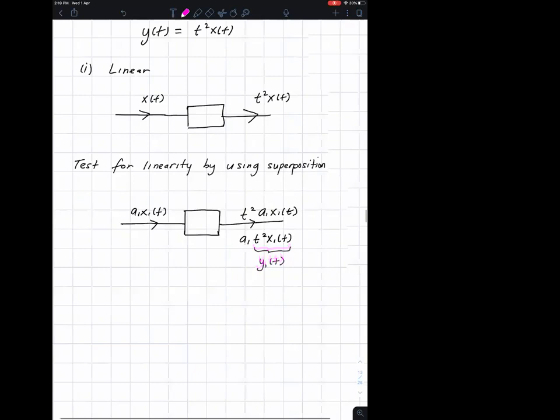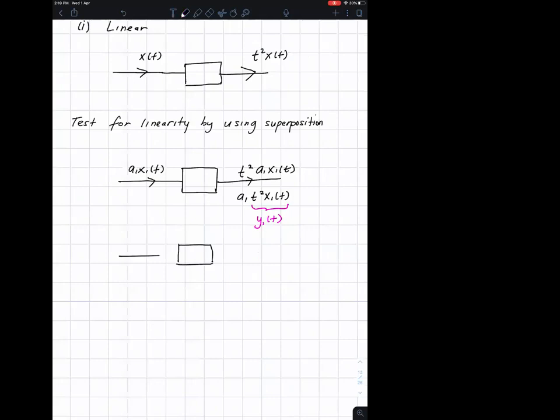Similarly, if you have another input A2 x2(t), that's going to produce t squared A2 x2(t), and I can call this y2(t). Any question? No. Okay.